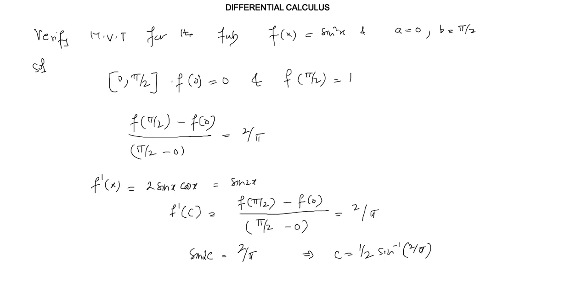Note that c is about 36 degrees, and therefore c lies between 0 and pi by 2.